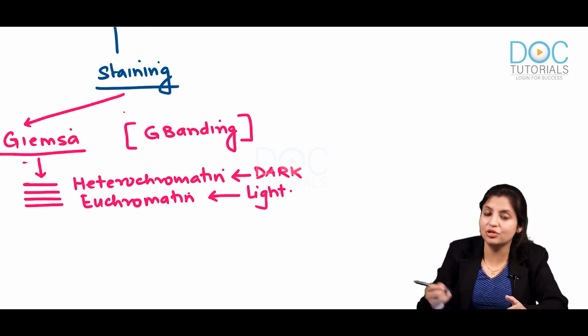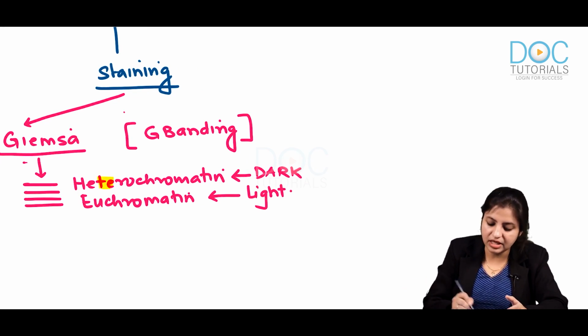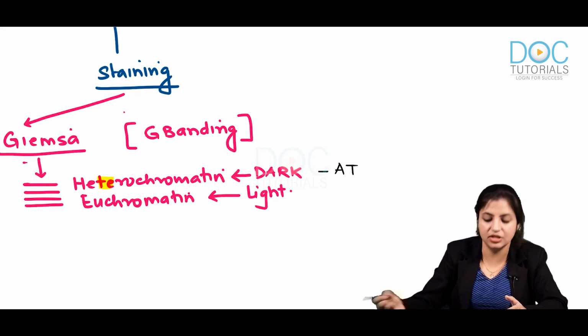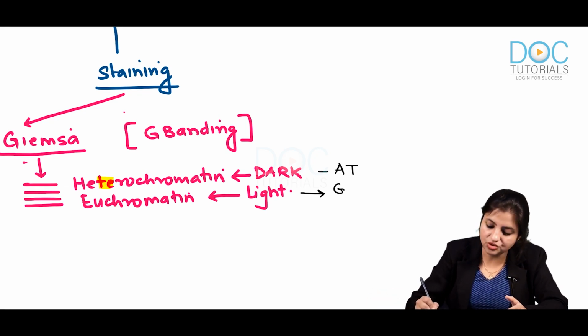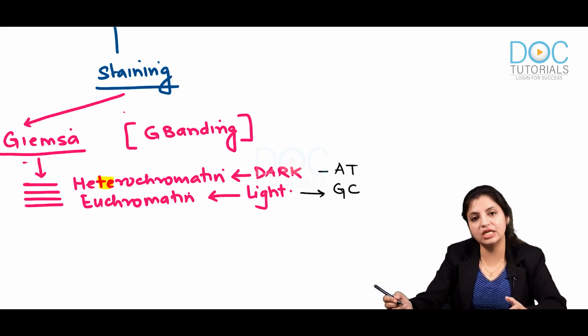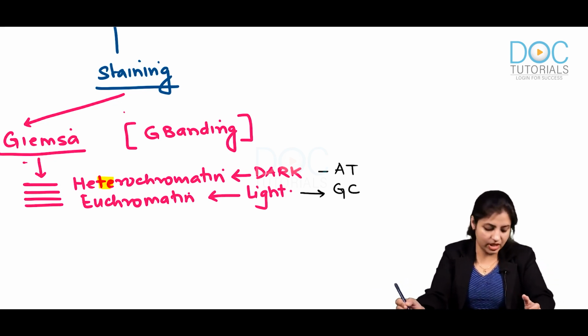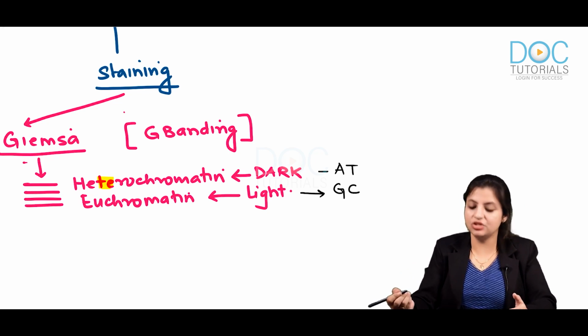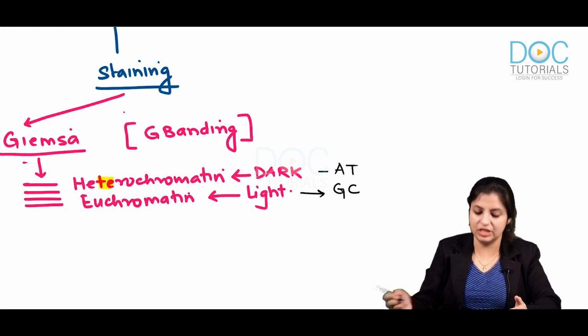I also told you the clue to remember it. Dark bands are usually rich in AT regions, whereas light bands are usually rich in GC regions. So heterochromatin is AT-rich and euchromatin is GC-rich.